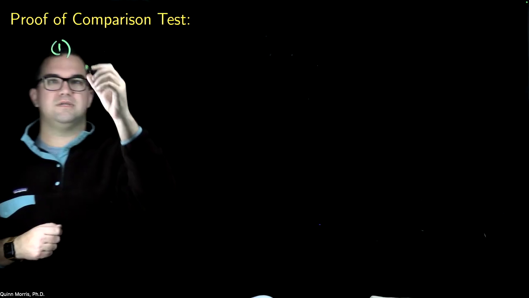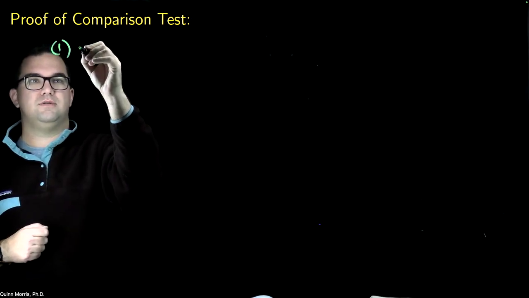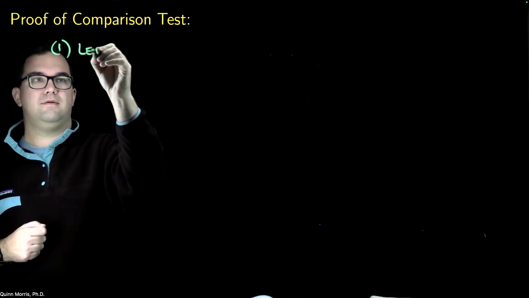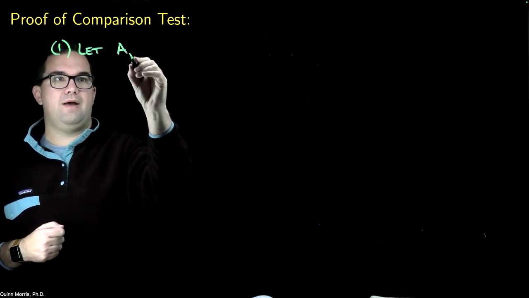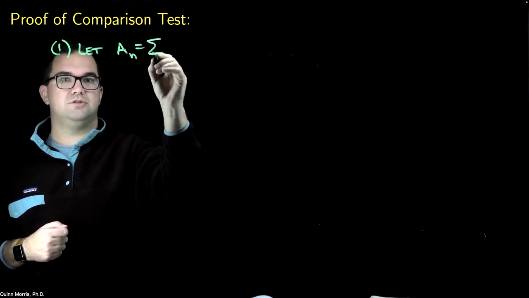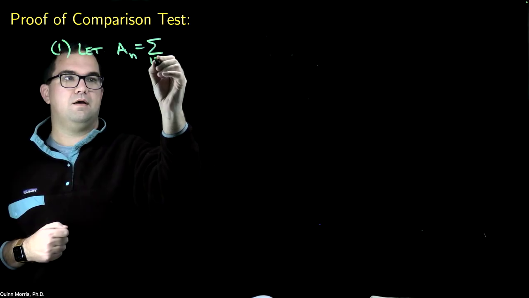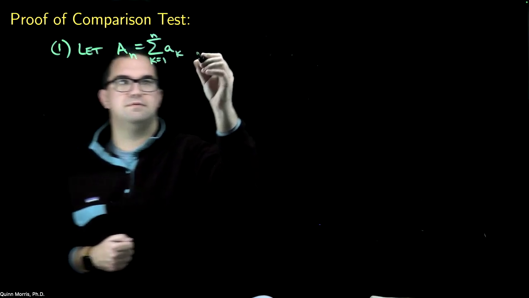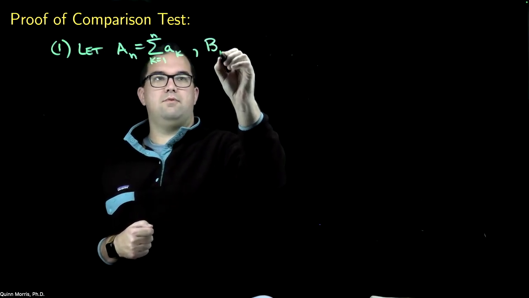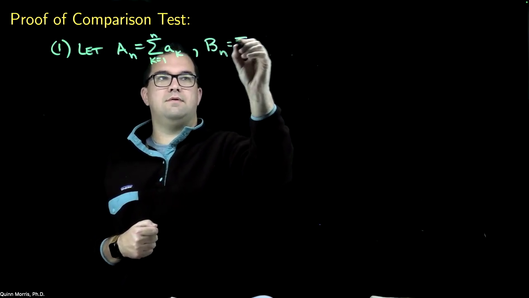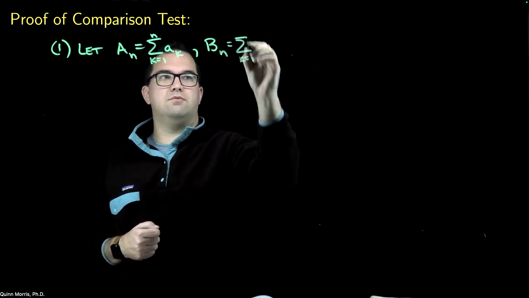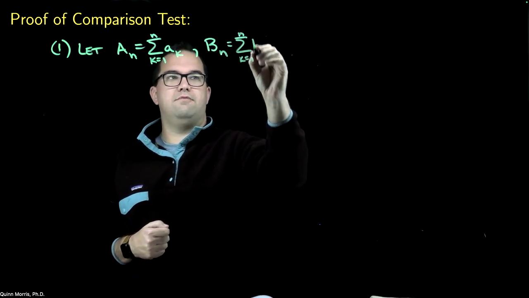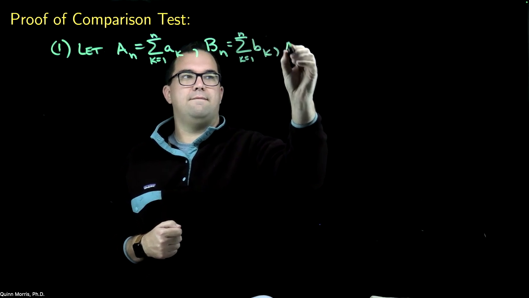So the first thing I'm going to do is set up some notation. I'm going to let capital A sub n be the sum k equals 1 up to n of the A_k's. I want B sub n to be the sum k equals 1 up to n of B sub k.